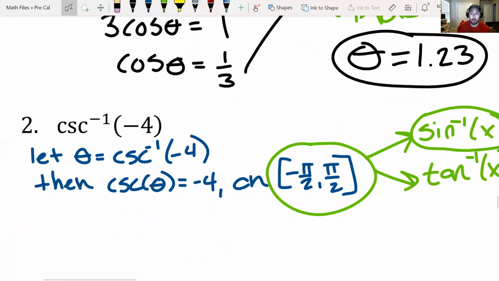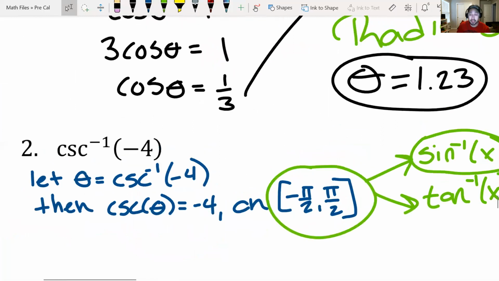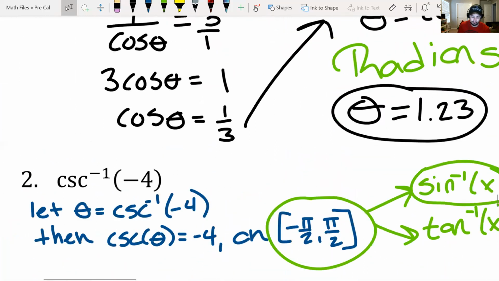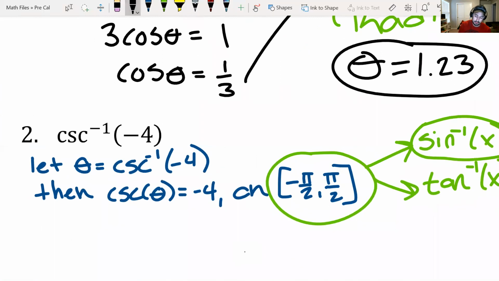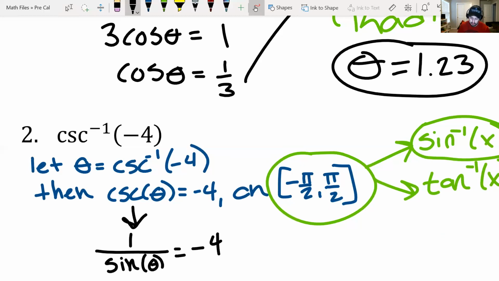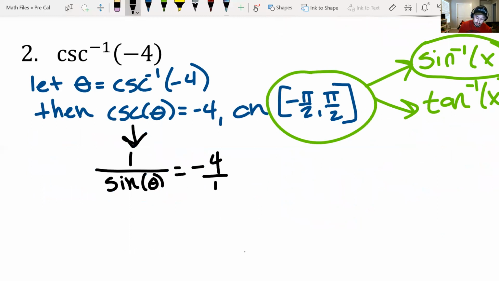So we use identities, like we did above. Cosecant becomes 1 over the sine of theta, equal to -4. I put -4 over 1 and cross multiply, and we get -4 sine theta equal to 1.